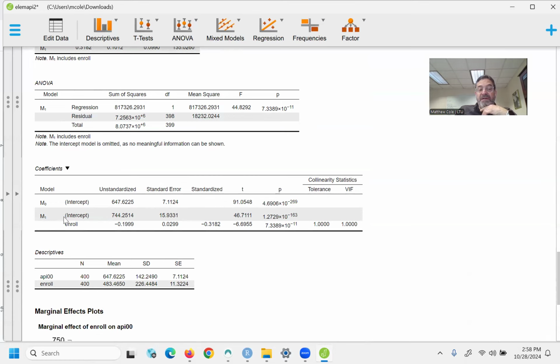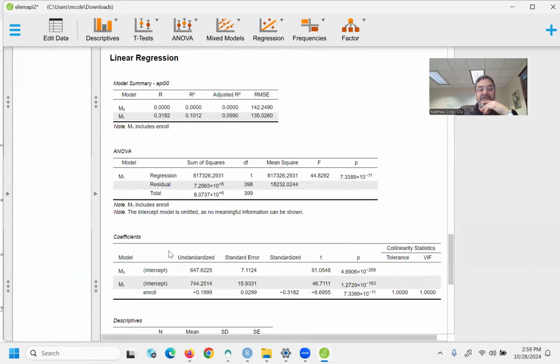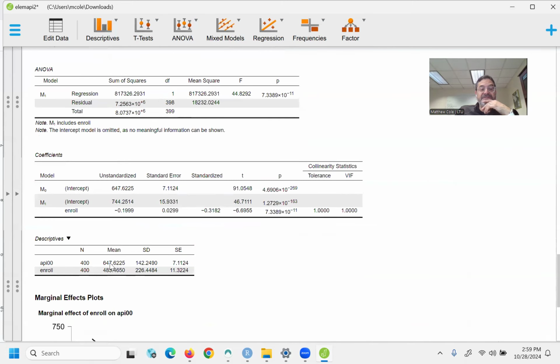So we're looking at our model that includes our predictor or predictors. In this case, it's one predictor, and that's model 1, because in model 0 there was no predictor added. So model 0 is basically the mean of API. And we see here in the descriptive statistics, the mean of the academic performance is 647.62, and that is what the y-intercept is in model 0.